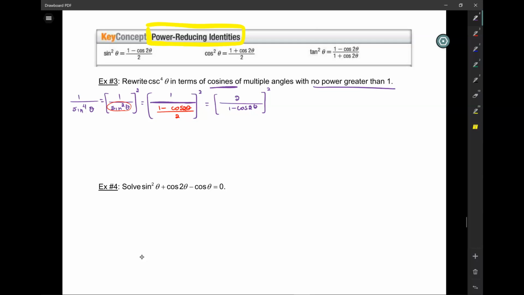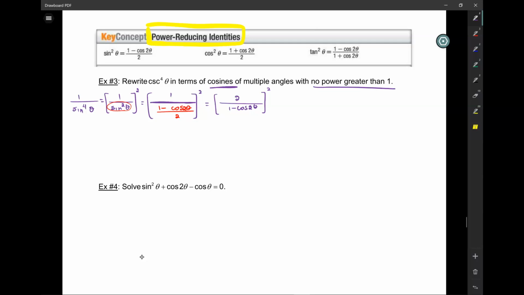So now what? Square. Now you're thinking, oh my god, look, I did it. I got rid of all the squares, no more exponent higher than 1, except for that one over there. Now we have to deal with that one.